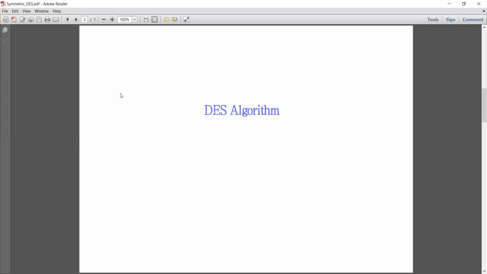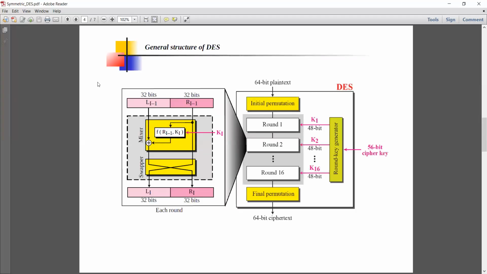However, no discussion of security is complete without DES, as it has been a landmark cryptographic algorithm. So we will discuss the DES algorithm here. Look at this picture. That is the basic general structure of the DES algorithm.